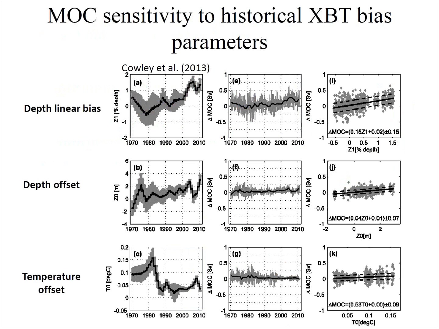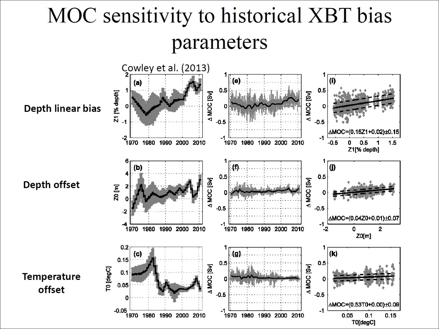But the thing is that these errors are not randomly distributed. They vary over time. And this recent paper, Collier et al. 2013, measured from 1970 to 2010 how the errors, the depth linear bias, the depth offset, and the temperature offset, vary over time.